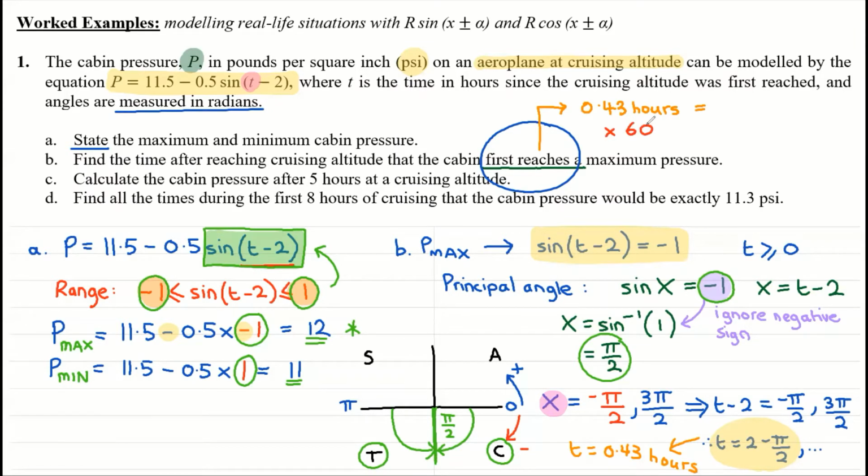So if you do that, I think that answer is going to be 26 minutes, as a more reasonable way of writing the answer. So there we go. So after 26 minutes, the cabin pressure first reaches its maximum. Okay, so that concludes part B.